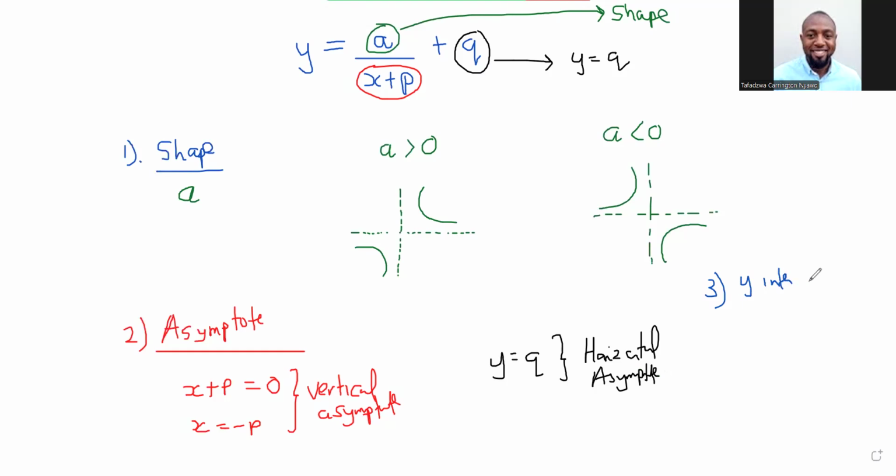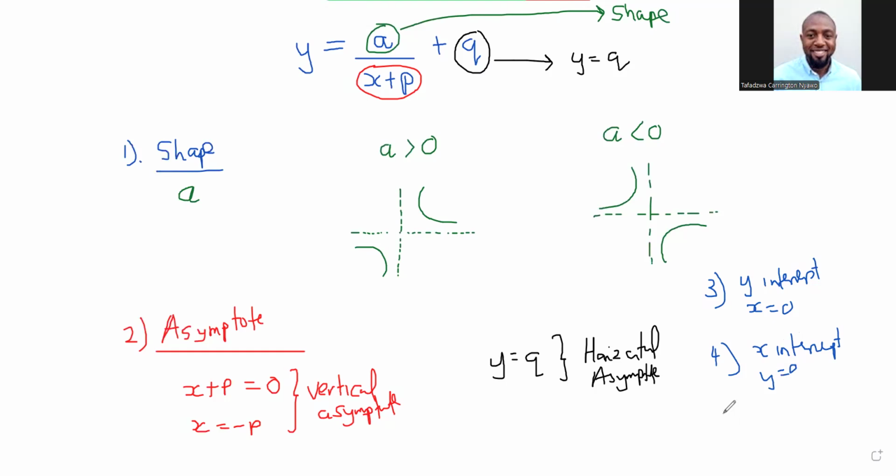And remember, for the y-intercept, x is equal to 0. Then I go to step 4, which will be to find the x-intercept, if it exists. And for the x-intercept, y is equal to 0.